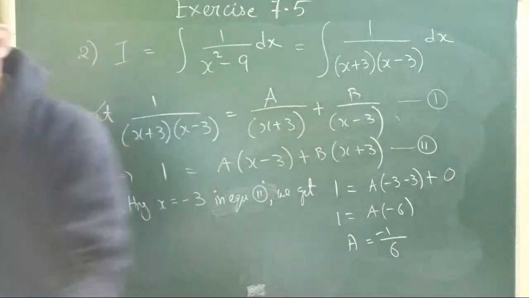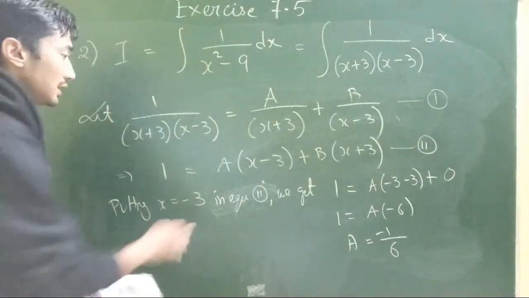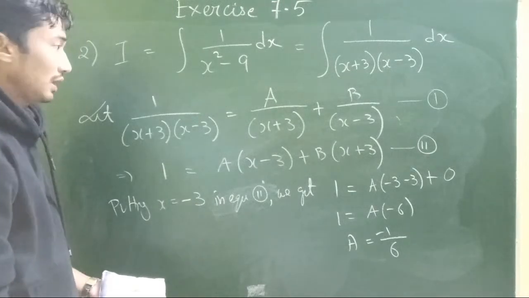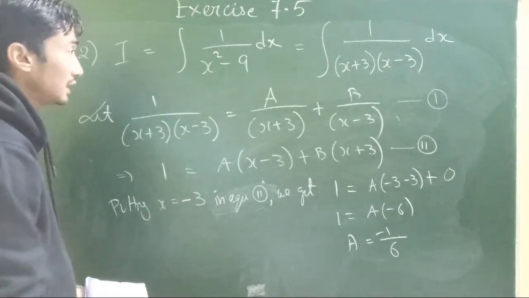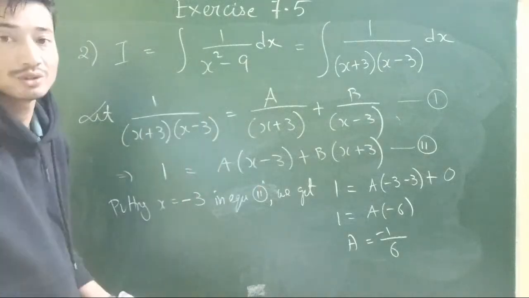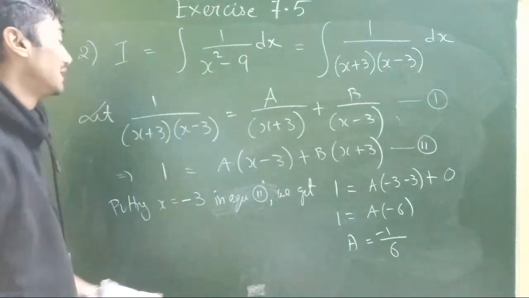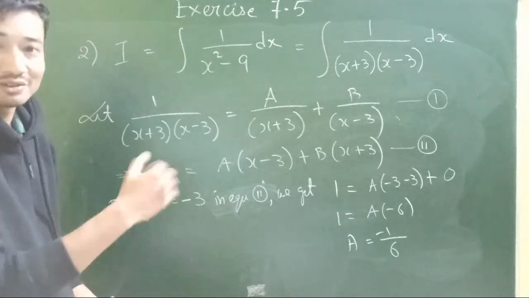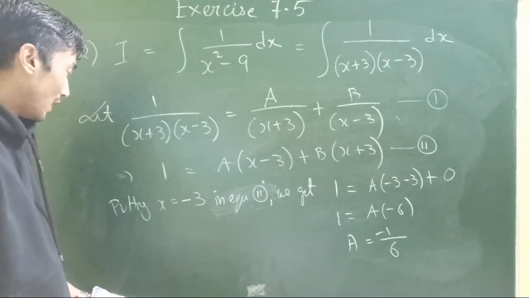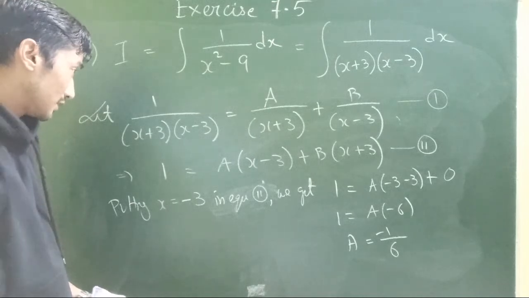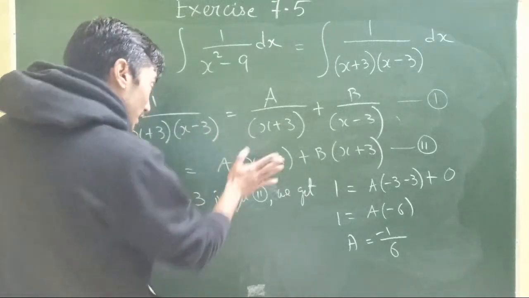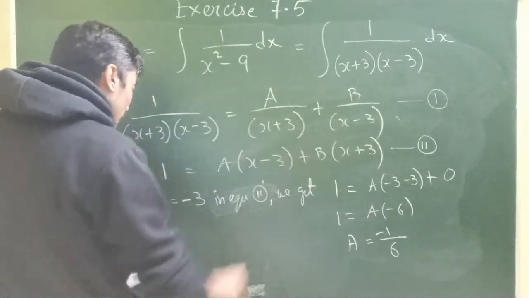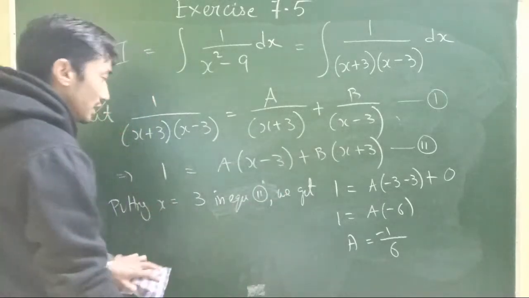Alright, so I'll just do it here. So a value we already have. I have a tendency to forget once I rub it off from the board, so I'll try my best not to rub the important things. You must have already observed that from the previous videos. Next, to find out the value of b, I need to remove a. So here if we put 3, gone. I'll put x equal to plus 3 in equation 2.